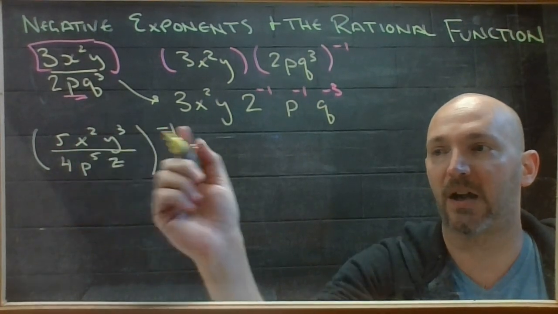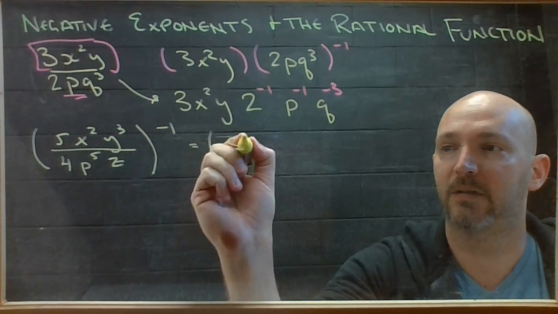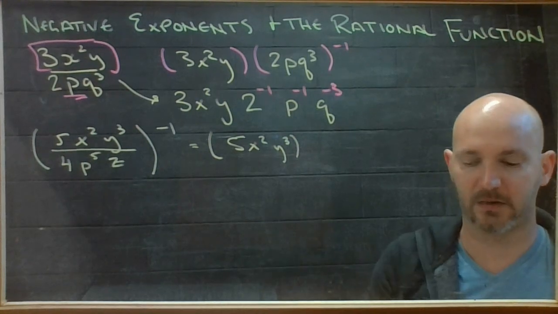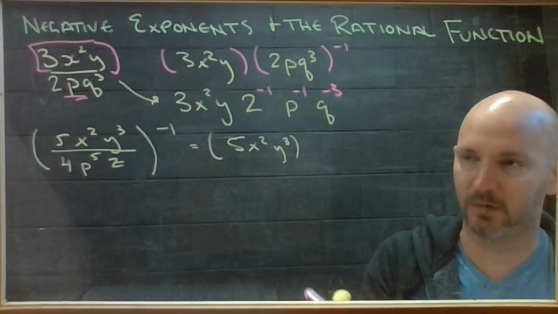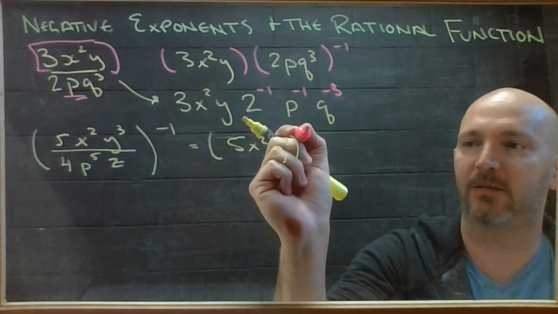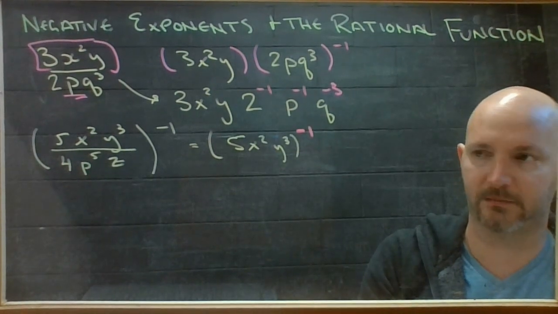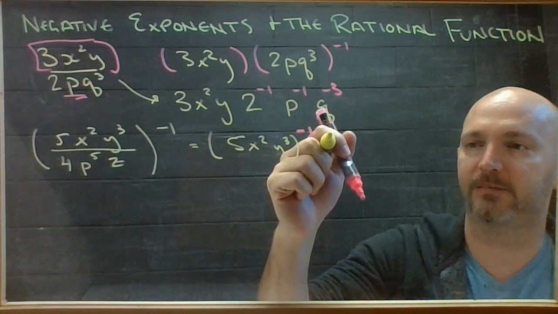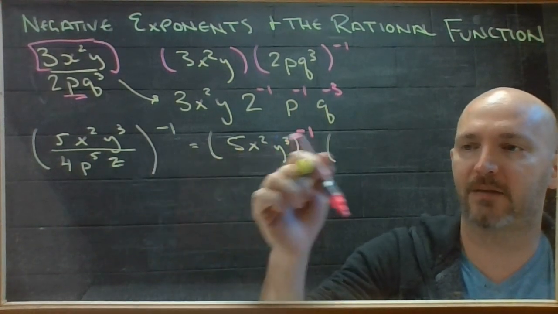So I have the top 5x squared y cubed, and it is to the exponent -1. And I have this stuff down here, 4p to the 5z.